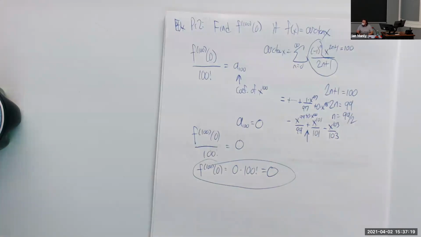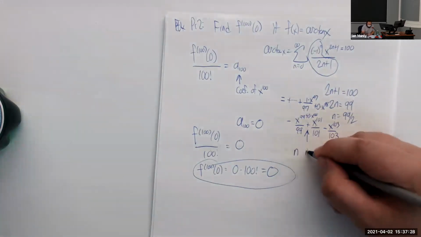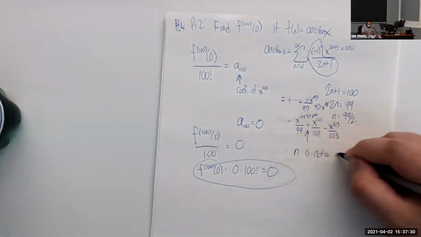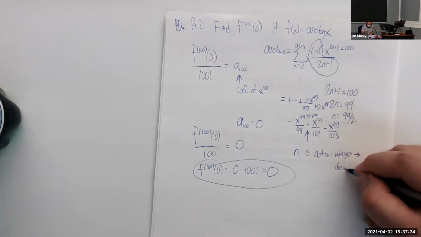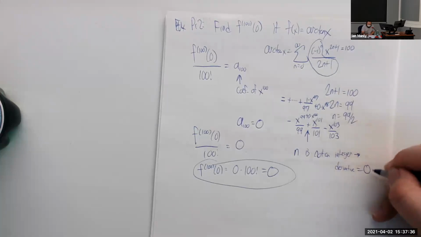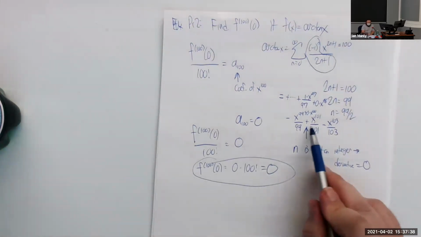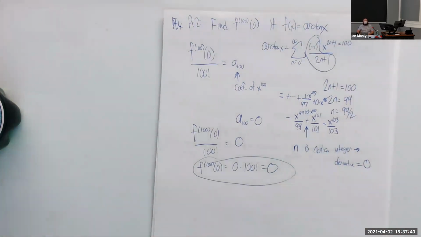And Joshua sums it up really nicely here. If our desired value is ever not an integer, then the answer is going to be 0, and that's right. So if n is not an integer, then the derivative will be 0, because the coefficient of that missing term needs to be 0.